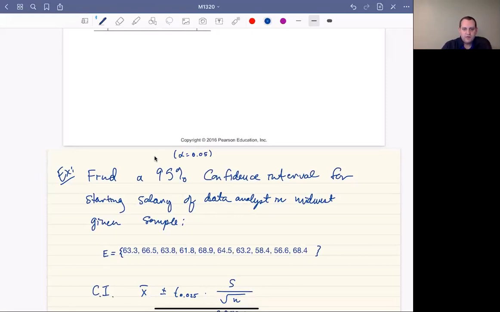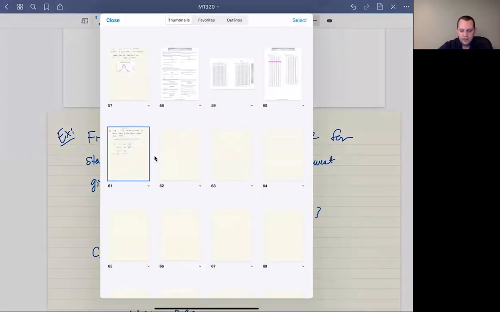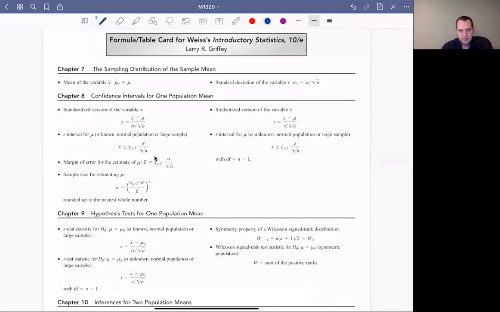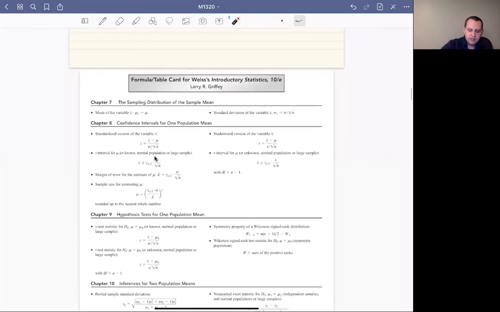In general, we take our sample mean plus or minus t sub alpha over 2 times s over square root of n, where s is the sample standard deviation. Again, this formula comes right from chapter 8. You don't need to memorize anything, but this is the formula we're using for the confidence interval for the population mean.